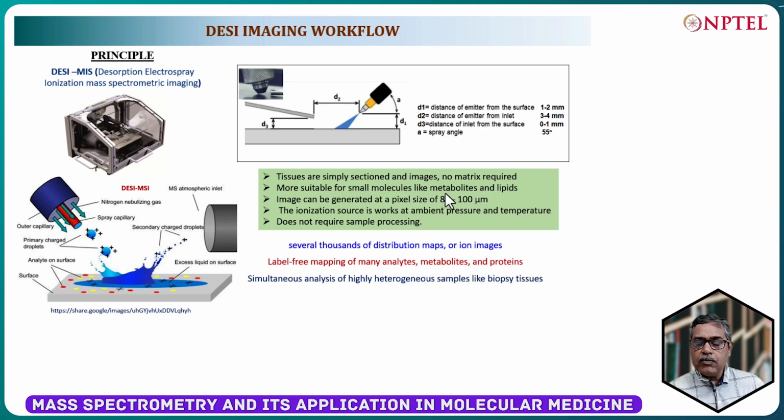More suitable for small molecules like metabolites and lipids. Imaging can be generated at a pixel size of 80 to 100 micrometers. I think nowadays it is even lesser, but 80 to 100 micron is pretty good in terms of the dimension of the pixel.